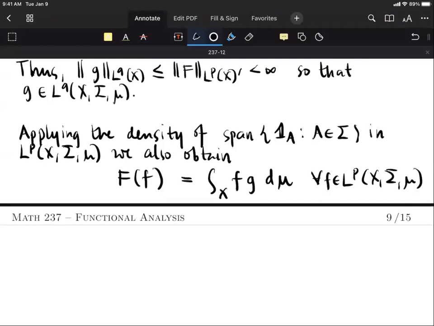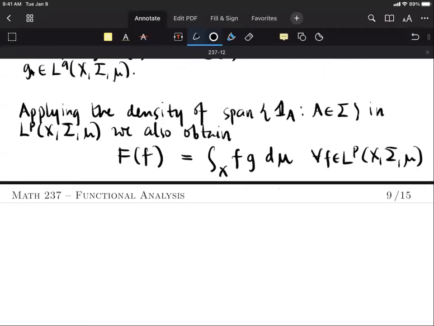And from this, we now conclude that f is equal to J of g in LP prime by the definition of the map J.